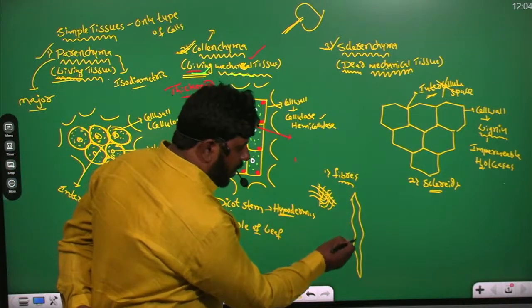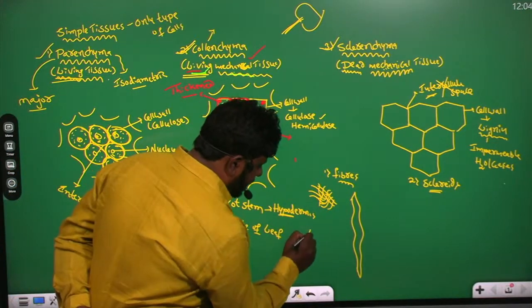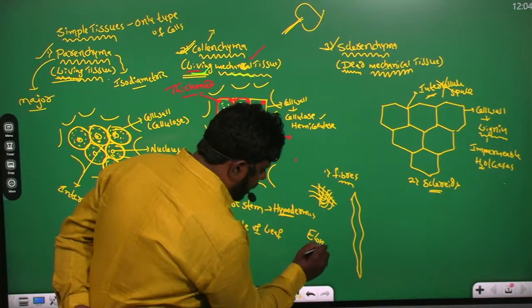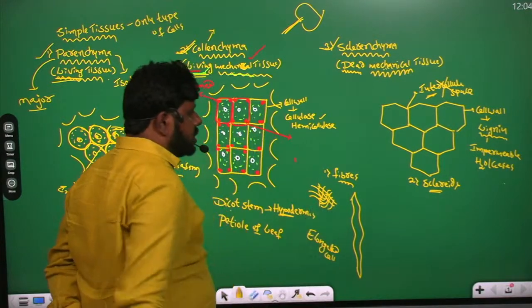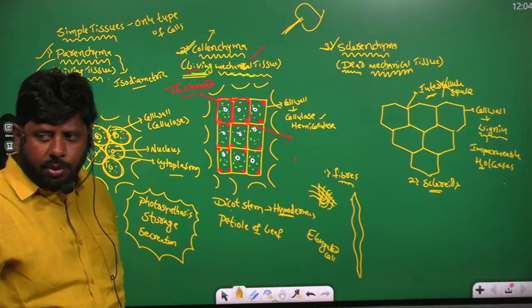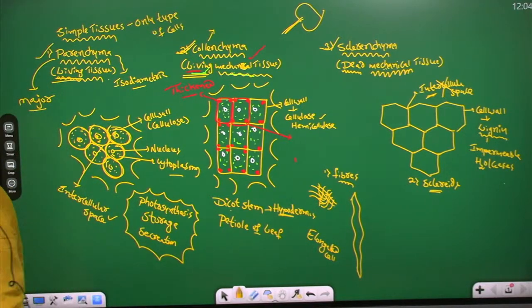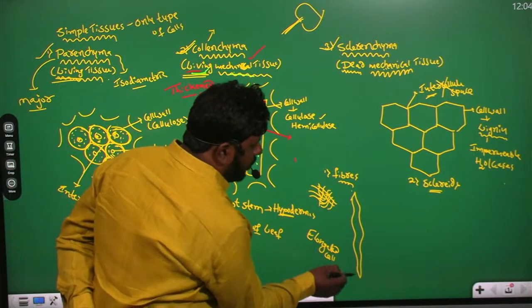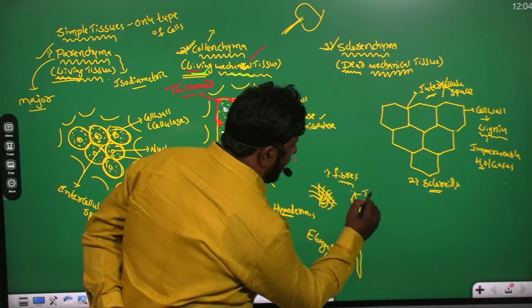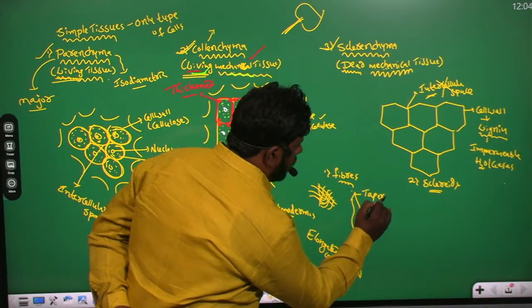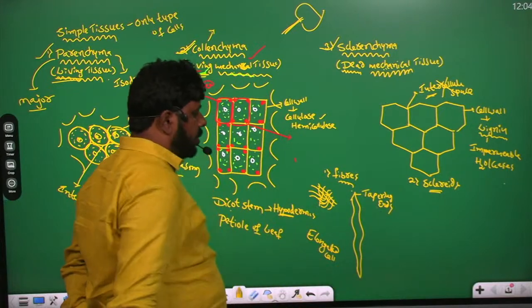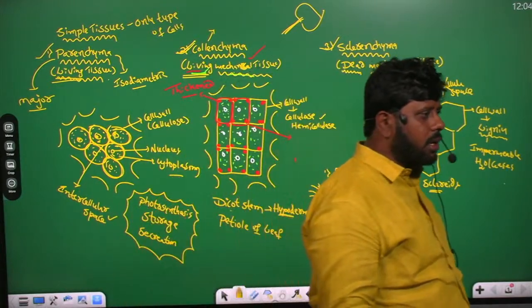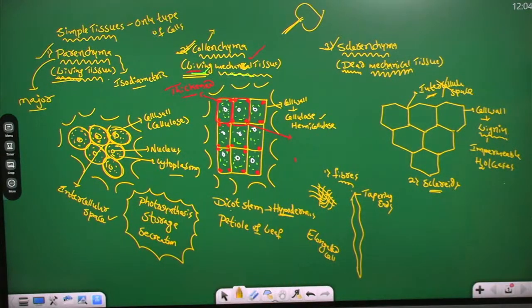Generally fibers are elongated cells, and the ends are very sharp, meaning tapering ends. So fibers are elongated cells with tapering ends.